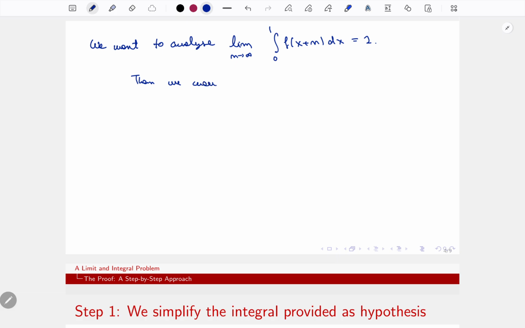There is obviously some reason why this hypothesis is given to us. We would like to relate it to the integral from 0 to 1 of f of nx dx and evaluate it as n tends to infinity. So this should be the simple proof strategy.